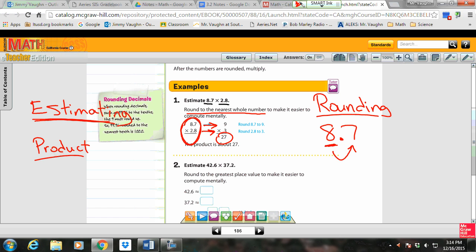Look to the right. If that number is 5 or above, you give the 8, the original number, a shove up. If this number is 4 or below, then you would take the 8 down to a 7. So 8 is what we're rounding off to. 7 is 5 or above, so that equals 9. Quick review on rounding.